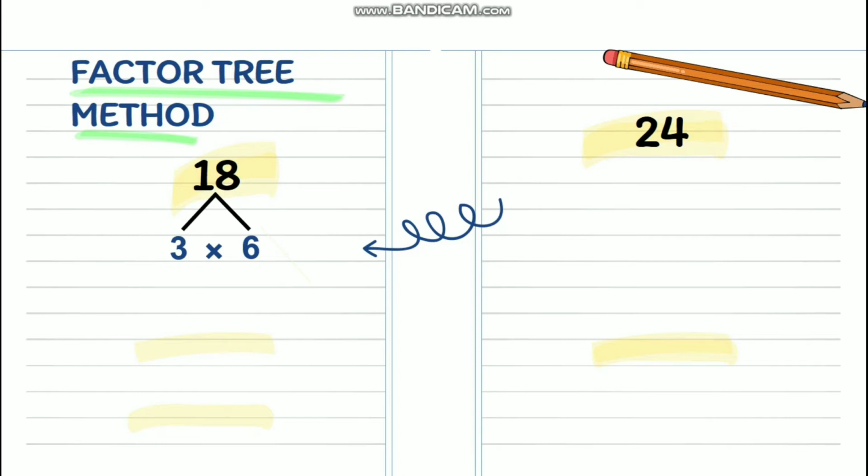Then you have to identify if each factor is a prime or not. If it is a prime, encircle that number. It means we're done with that number. If the other number is not a prime, then you have to continue breaking it into its factors.